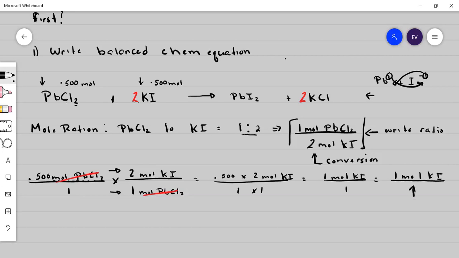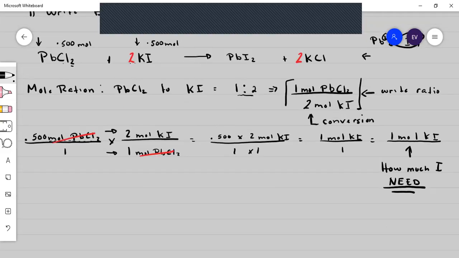This tells me how much potassium iodide I need. This is the need. So I need 1 mole of potassium iodide.